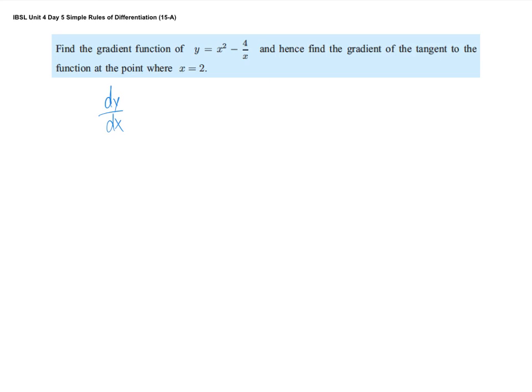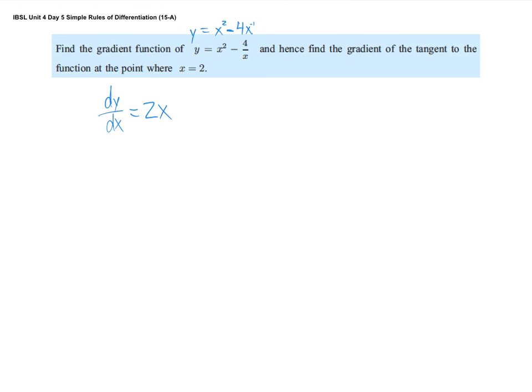So we need to take the derivative of x squared, which of course would be 2x to the first power, but then we need to take the derivative of minus 4 over x. And that's where we may want to rewrite this function as y equals x squared minus 4x to the -1 power. Okay? So we have x to the -1 power.